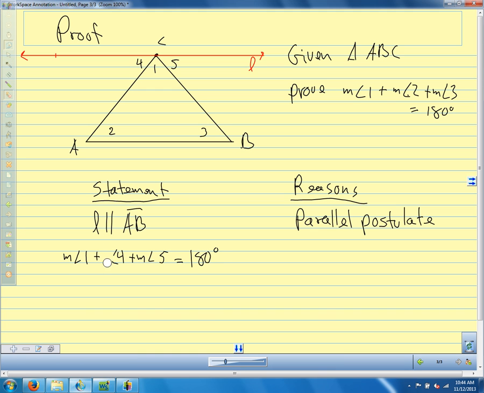And we can't say they're a linear pair because there are 3 of them. I can just say that the angles form a line. I guess if we had a name for them, we could call them a linear triple. We don't have a special name. So they form a line. That's a good enough reason.